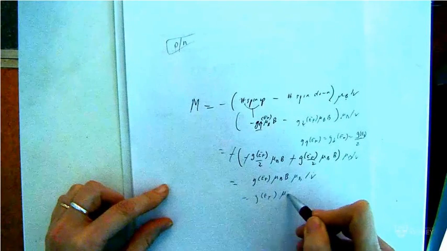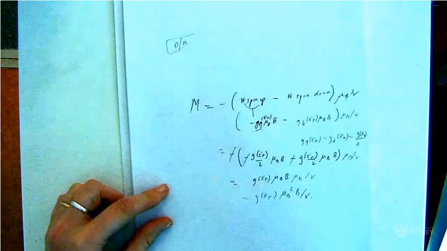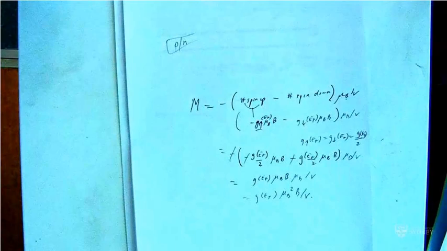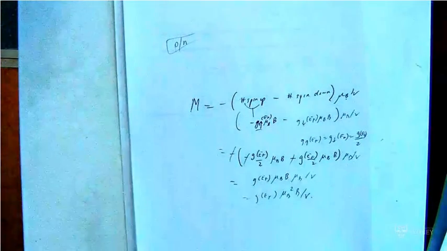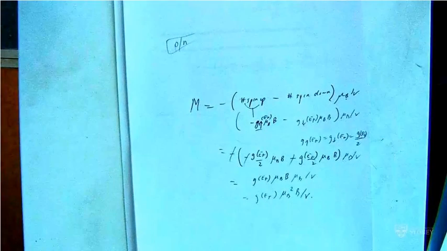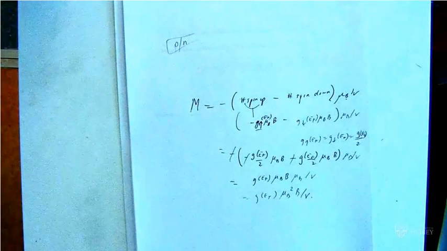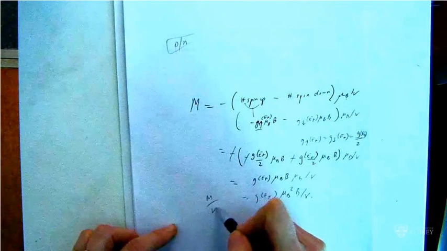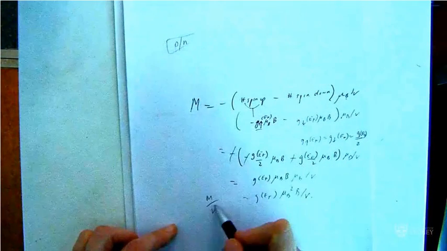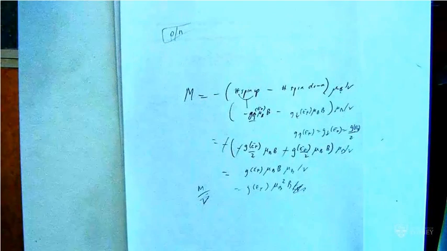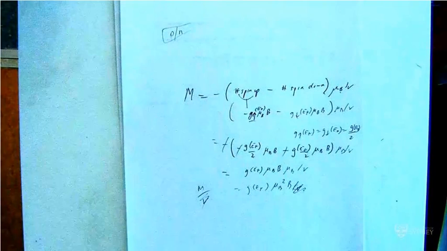Is that right? Oh, the volume has disappeared, because we divide the magnetization by volume, so we can get rid of that. Okay? So let's put this back up.